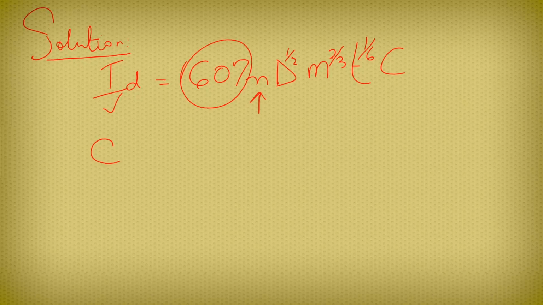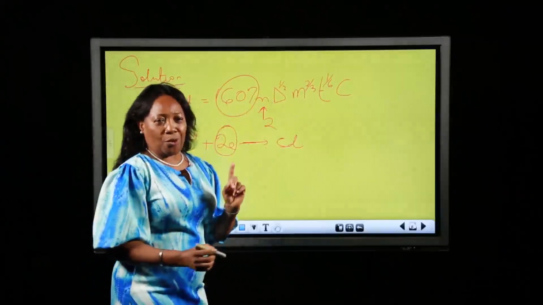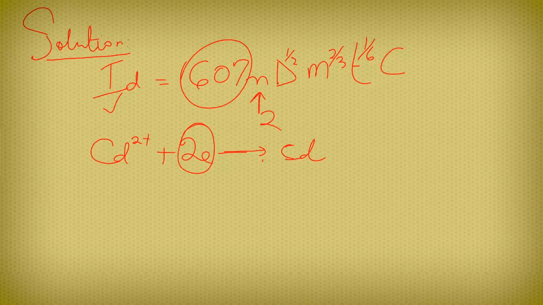Converting cadmium ion, that's the reduction at the electrode, will give us the cadmium metal. And so from this, the value of n is 2. That's what we're going to put there. Remember, D is what we're looking for. That's the diffusion coefficient, so we don't know that one yet. The mass we can calculate from the number of drops of the mercury, and then t we can also get from the drops of the mercury that we have been given, and then of course concentration is also given.